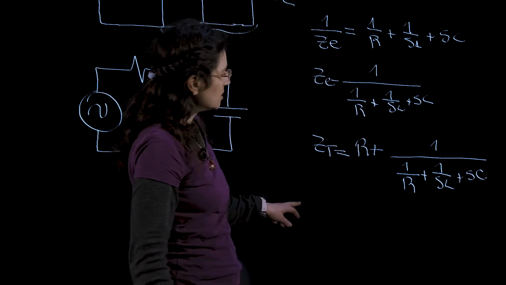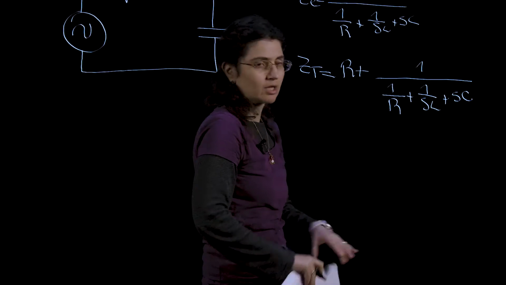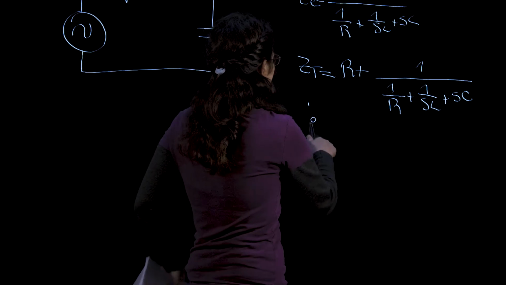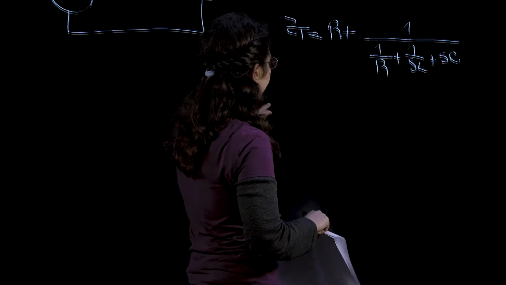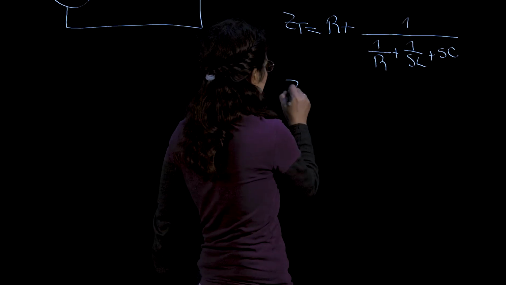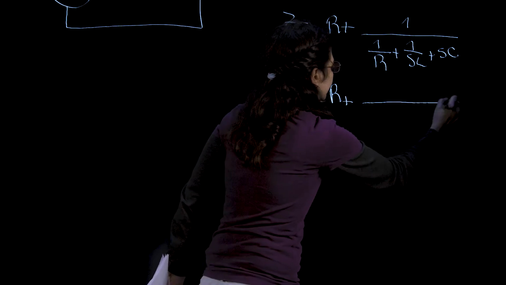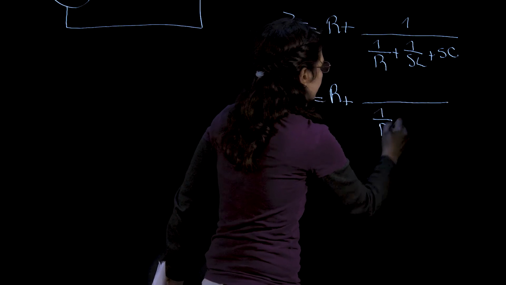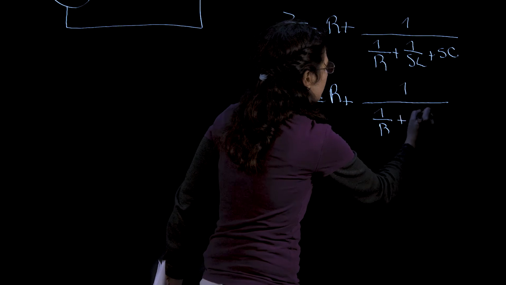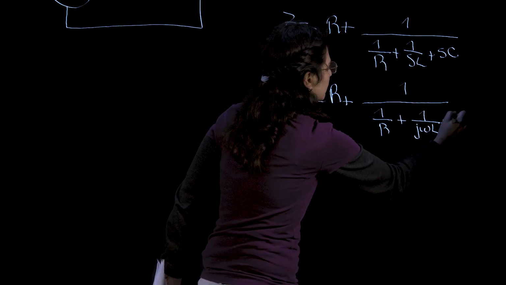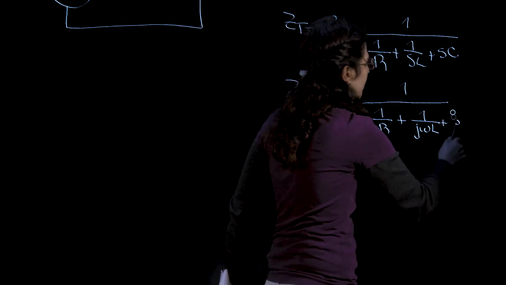So now we substitute S by j omega so that we can look at the frequencies. And my total impedance then looks like this. One over R plus 1 over j omega L plus j omega C.